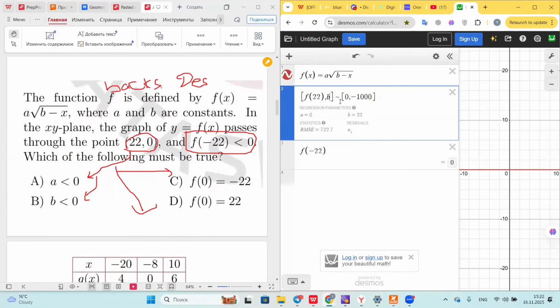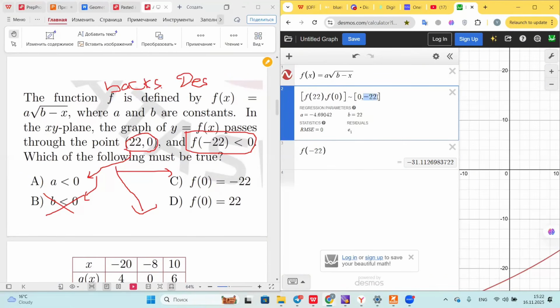When b is negative, you can see it is almost 0, but f(-22) should not be equal to 0. It means you should immediately not accept this. Okay, C option. C option is f(0) is -22. Yeah, it is minus.